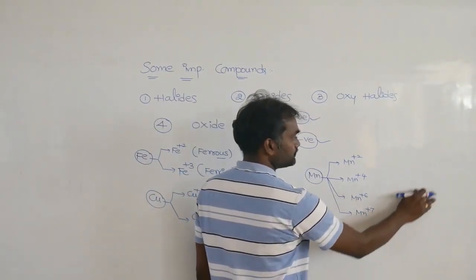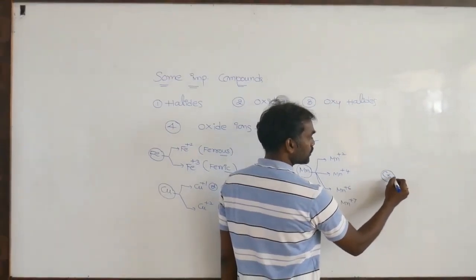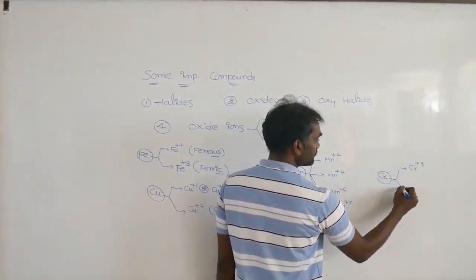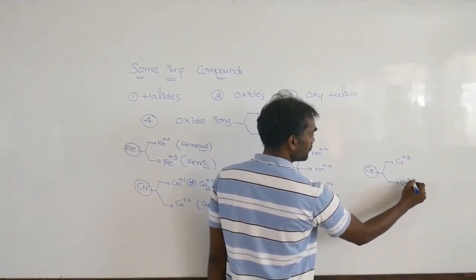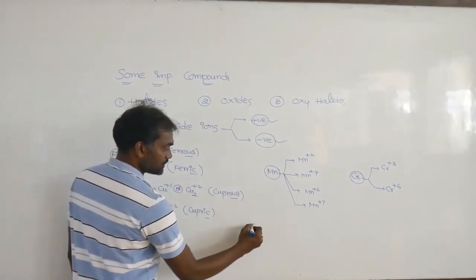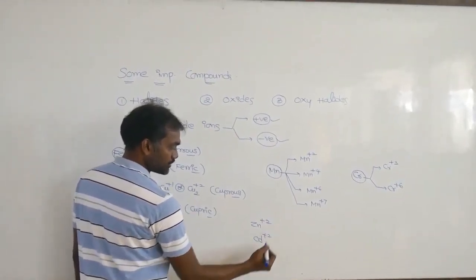Suppose you take chromium. Chromium plus 3 is there, chromium plus 6 is there. Next, suppose you take zinc. Zinc is Zn plus 2, cadmium is plus 2.